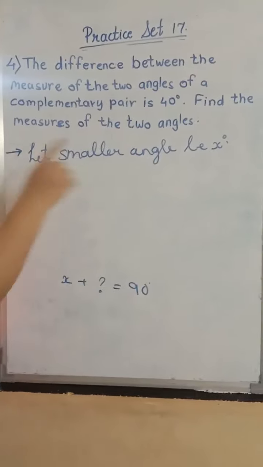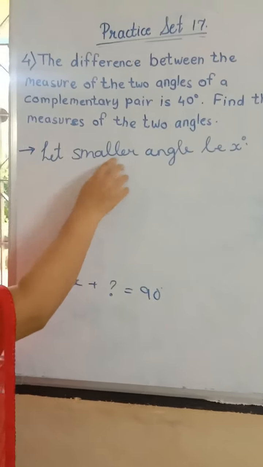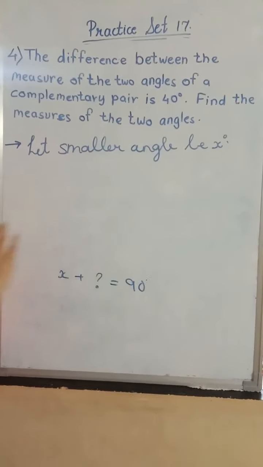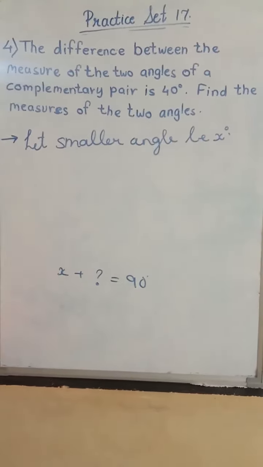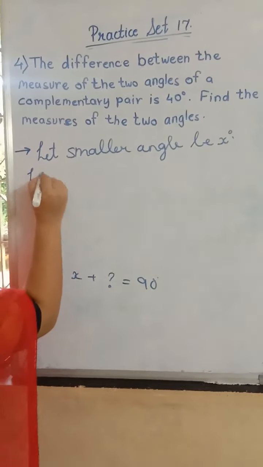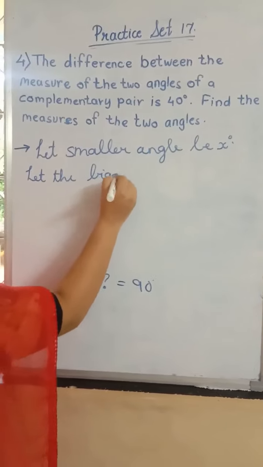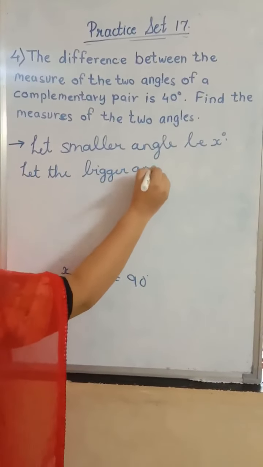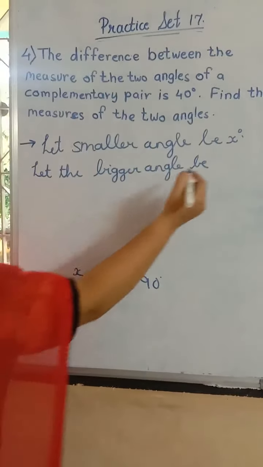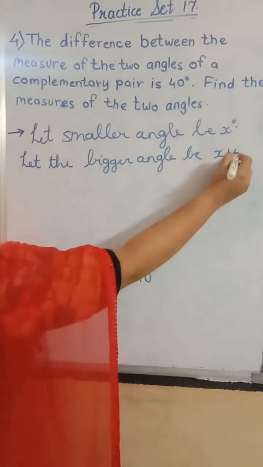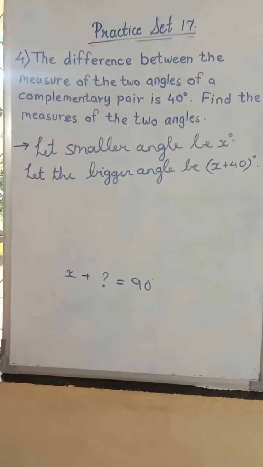Here the difference is how much? 40. Means the greater one will be 40 bigger than the smaller one. So let the bigger angle be, what is that? x plus 40 degrees.